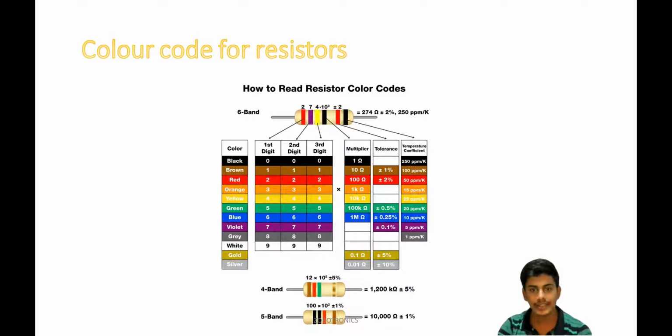Red shows 2% tolerance, green shows 0.5% tolerance, blue shows 0.25%, and violet shows 0.1% tolerance. Most of the time it is gold or silver. Gold shows plus minus 5%, and silver shows 10% tolerance.